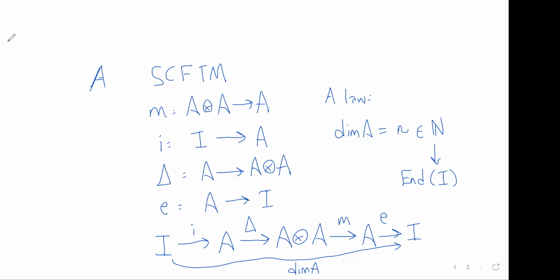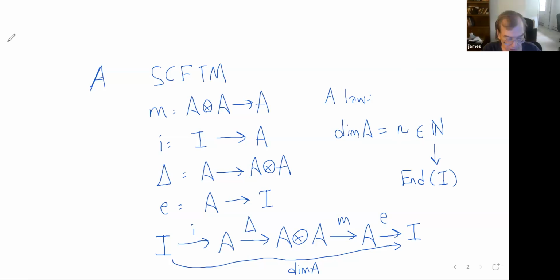You talk about the dimension of the vector space, but you can also talk formally about the dimension as an endomorphism of the identity object. Those agree whenever you're working over any field, even if it's not algebraically closed. That's allowing some slightly non-classical possibilities, but we're going to be interested in much more non-classical possibilities than that.